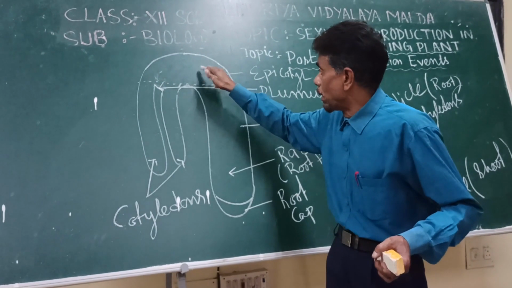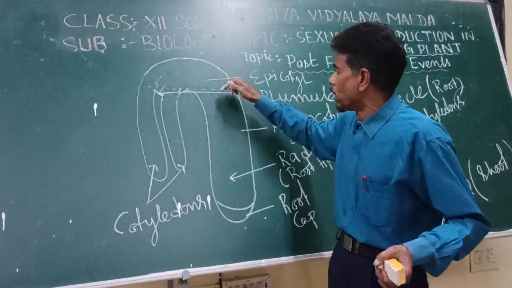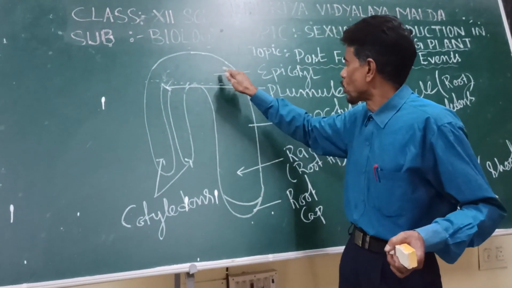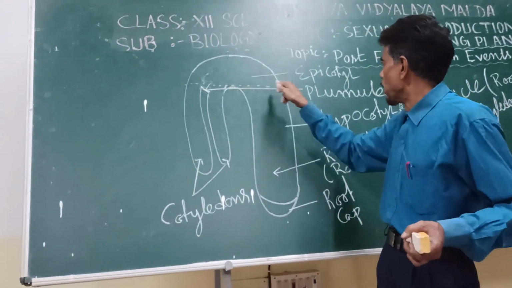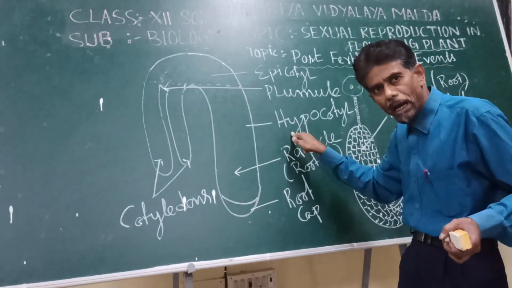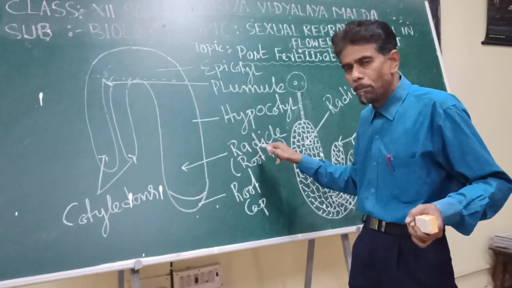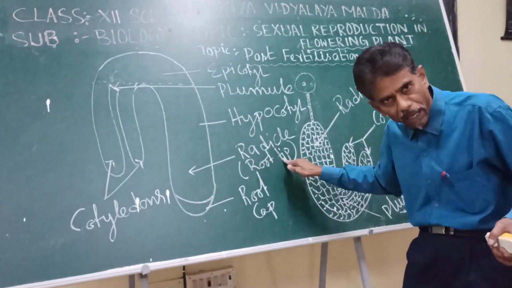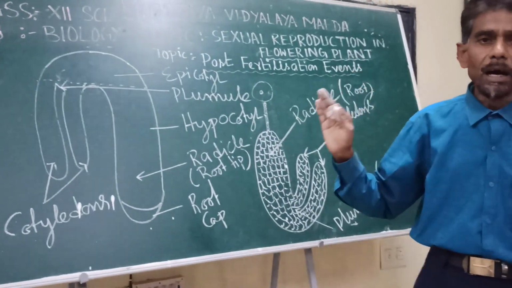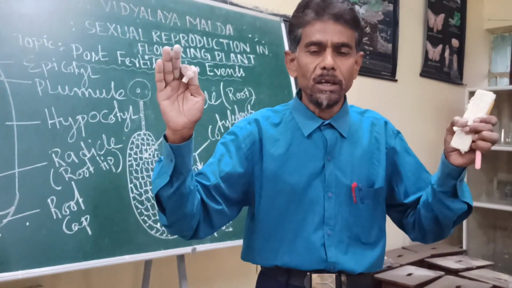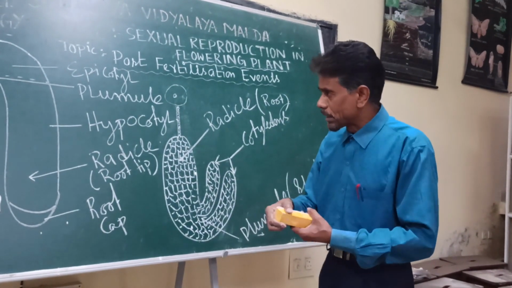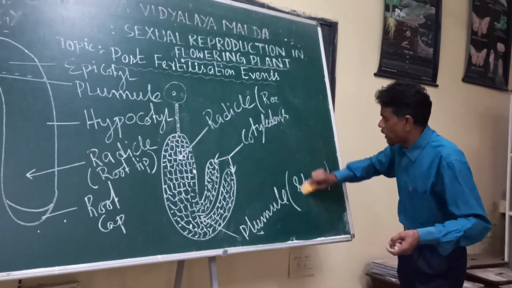Now the area just above the two cotyledons is called the epicotyl, which gives rise to the plumule, and below the level of origin of the epicotyl is the hypocotyl, which gives rise to the radicle or root tip, and this is covered by the root cap. This is the embryo of a dicotyledon.